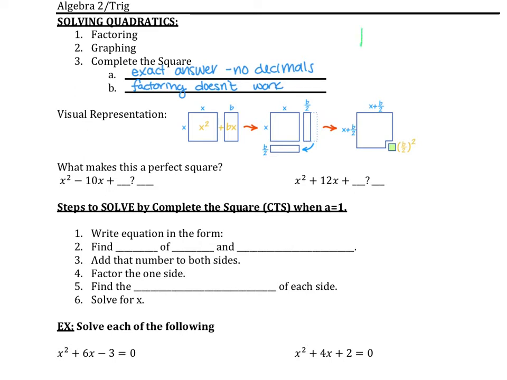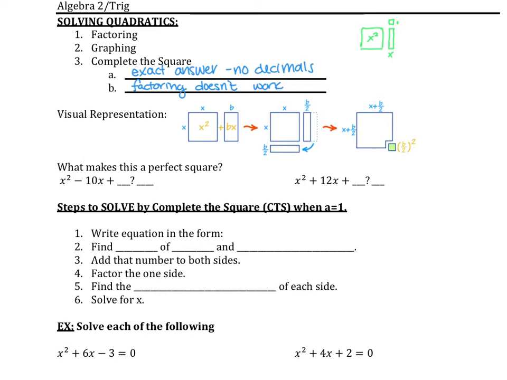We have a big square tile like this that's called our x squared tile. We have a little skinny, long box tile, and these are called our x tiles. And then we have a 1 tile that is the width of the x tile. So we have x squared, x, and 1.